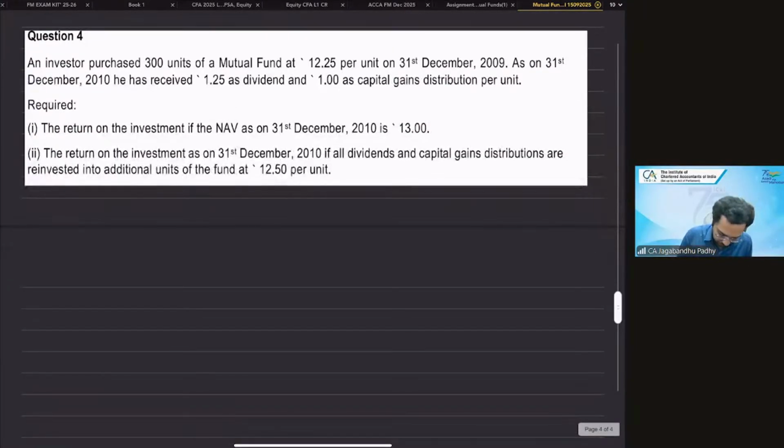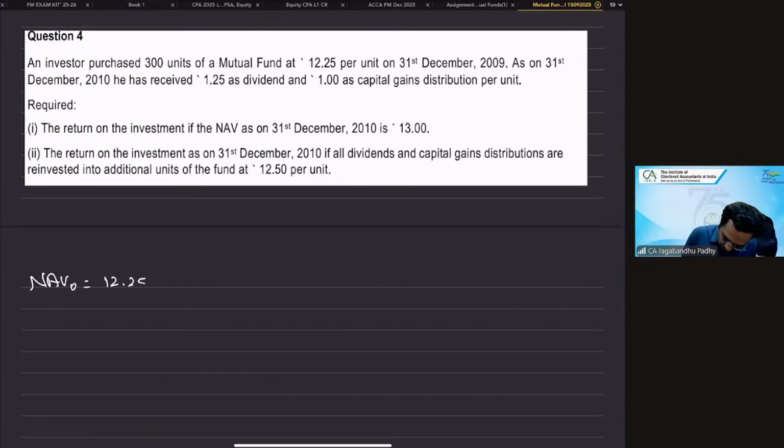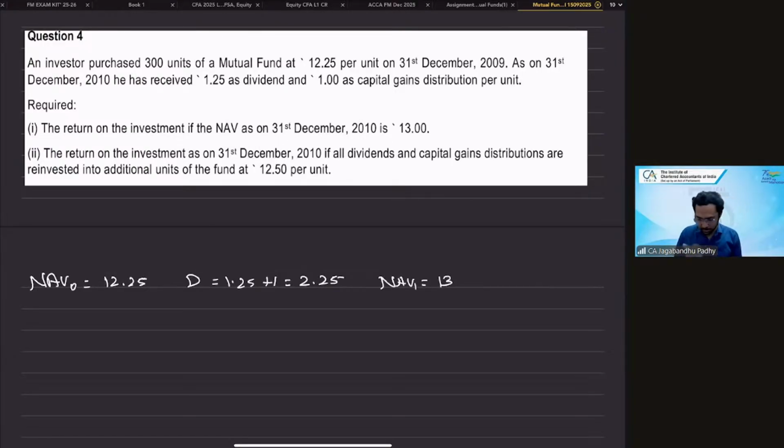So NAV at time period 0 is 12.25, distributions are 1.25 plus 1, which is 2.25, and NAV at time period 1 is 13.